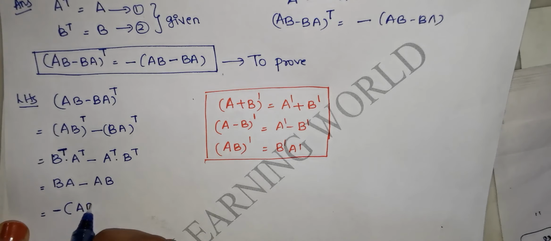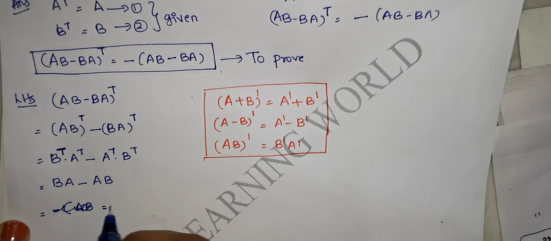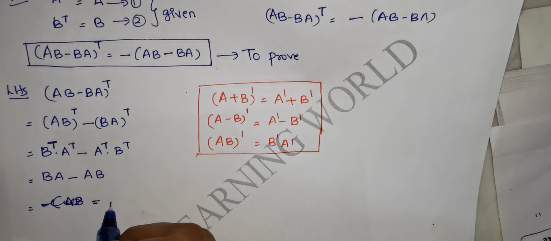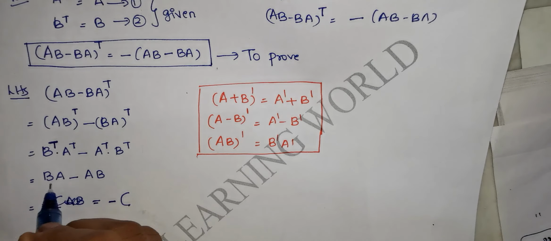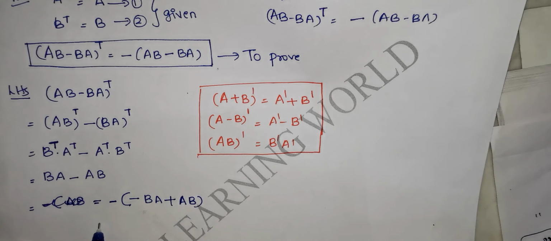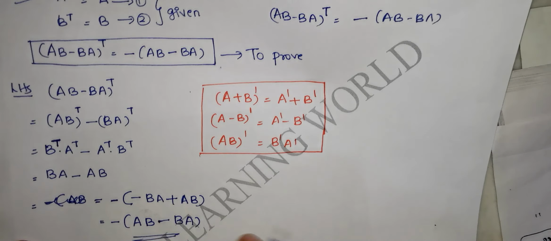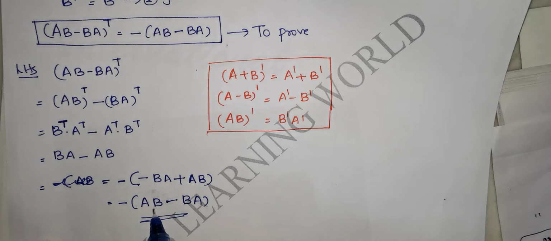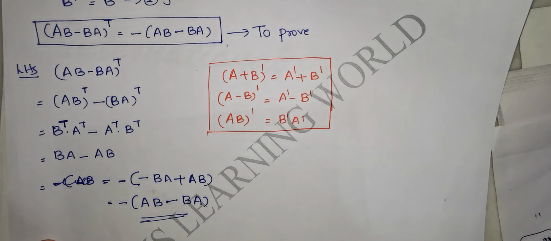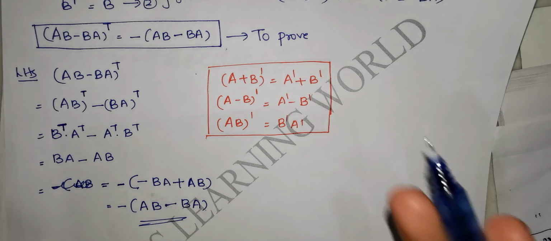Let me write in order itself, otherwise it will create confusion. So I am taking minus, and what is remaining here: minus BA, plus AB. So this can be written as minus of AB minus BA. I just arranged these two terms. I wrote AB first and minus BA second. So this is equal to our RHS, hence proved.